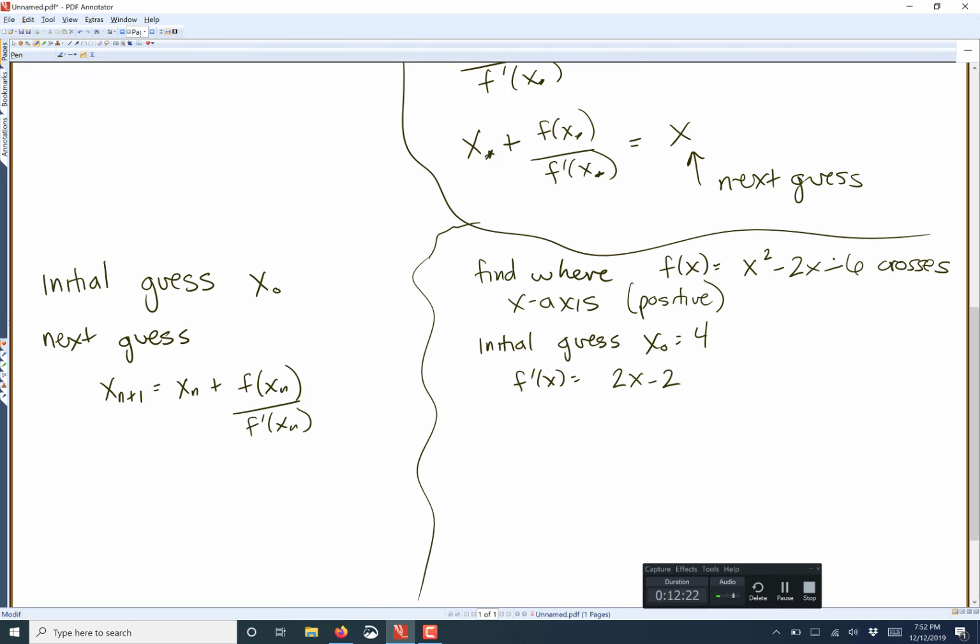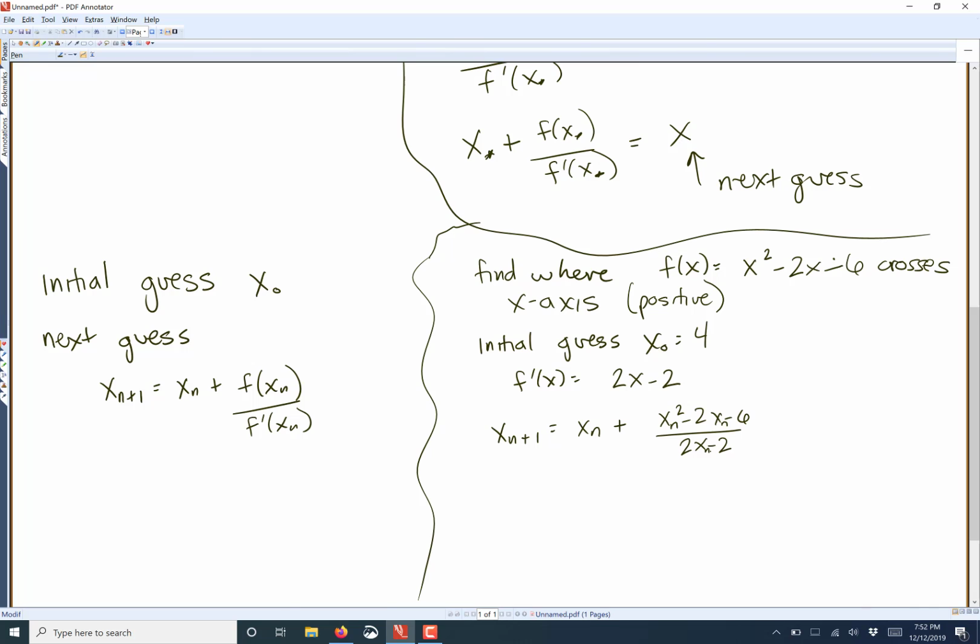Now let's put all of this into my formula and maybe we can simplify something. It'll be my guess plus the actual function, x squared minus 2x minus 6, over 2x minus 2. I don't think this is actually going to simplify, so this will actually be xn, xn, and xn.